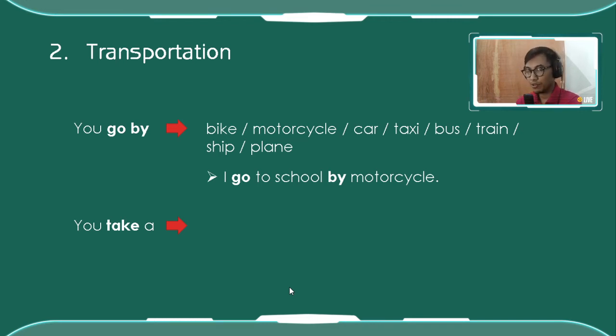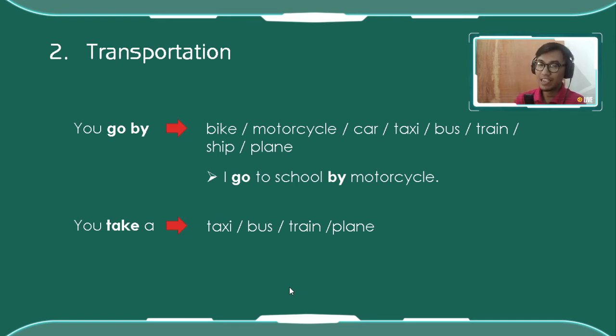Okay, and you don't need to mention "a", right? So it's not "I go to school by a motorcycle." Just eliminate the "a". And the next one actually has the same meaning. You take a, but you can only use "take a" for taxi, bus, train, and plane.